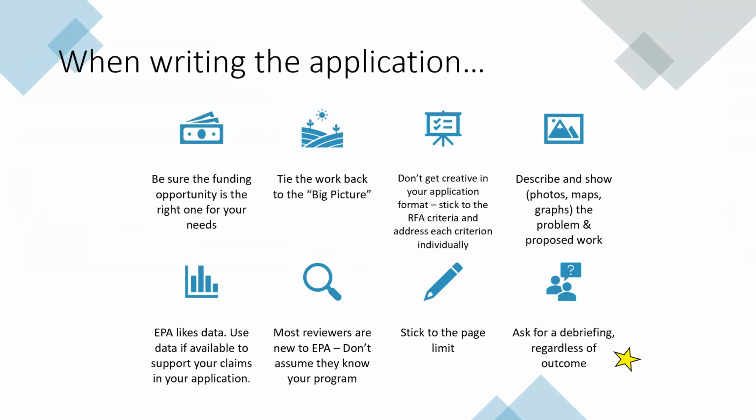And then coming down here, EPA likes data, of course, like all federal agencies. So if you have data available, water quality data to support your claims, that's great. But as we've been hearing, and the theme of this whole conference is TEK, there are a lot of ways of knowing that things aren't going right in your lands and in your waters. So we have language in our scoring that encourages you to incorporate things like that.